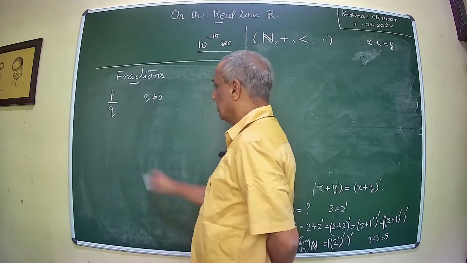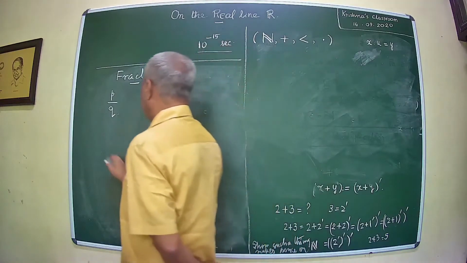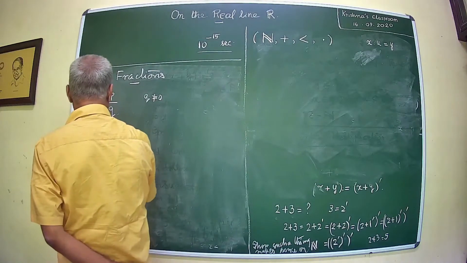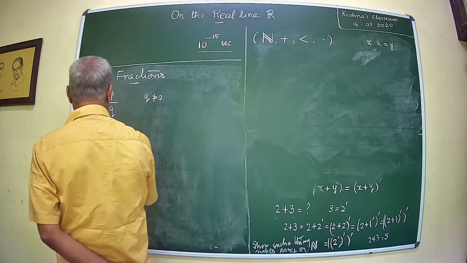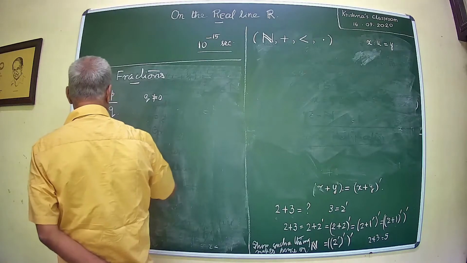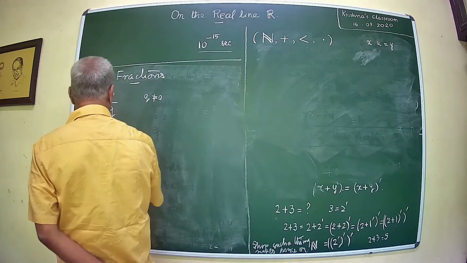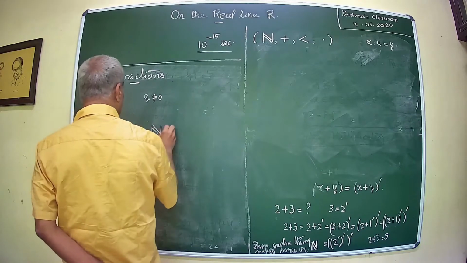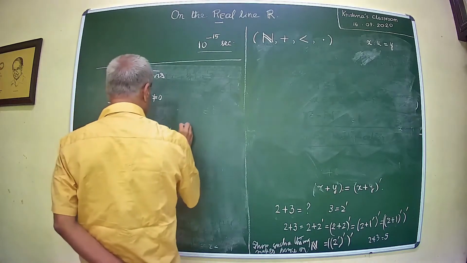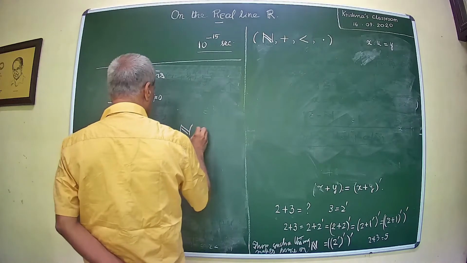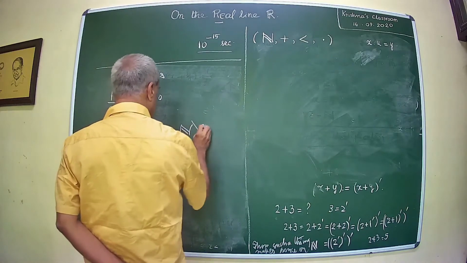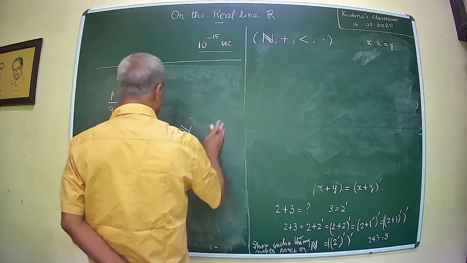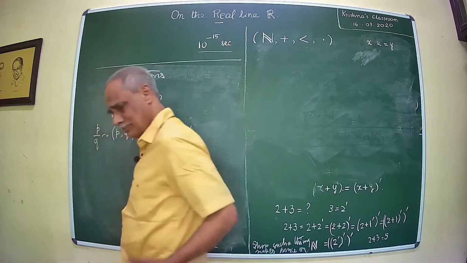Therefore, you can conceive every p by q as an ordered pair (p, q), belonging to N cross N. There is no problem with N cross N because there is no 0 here.